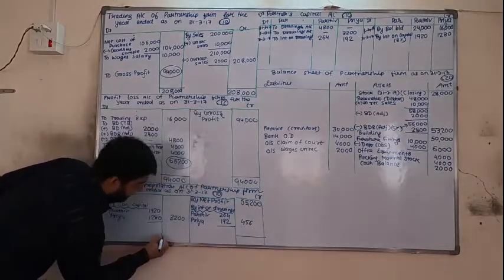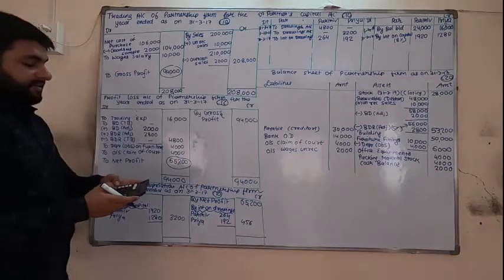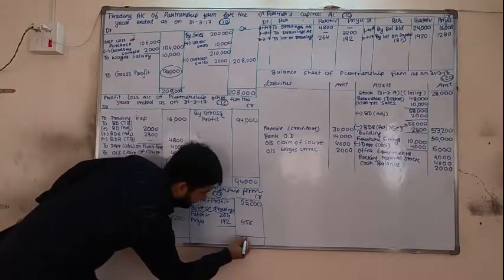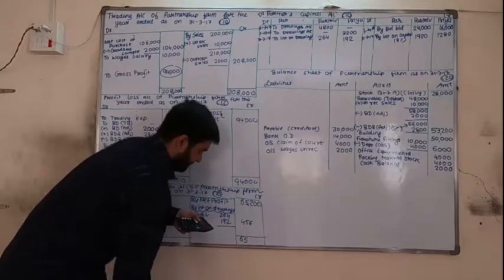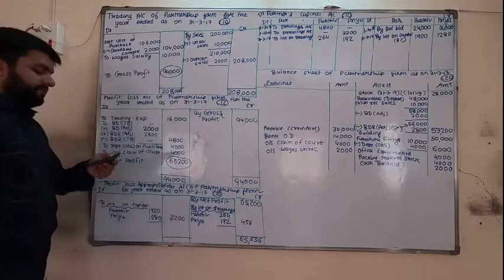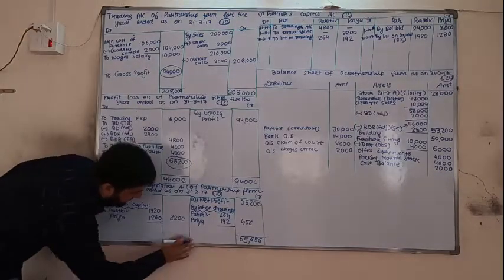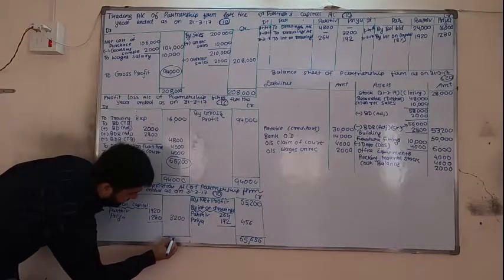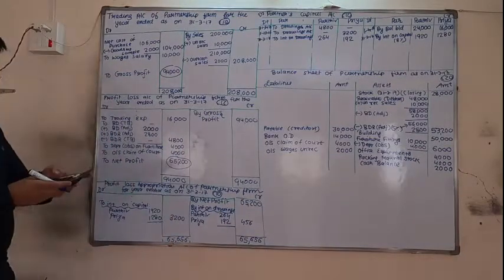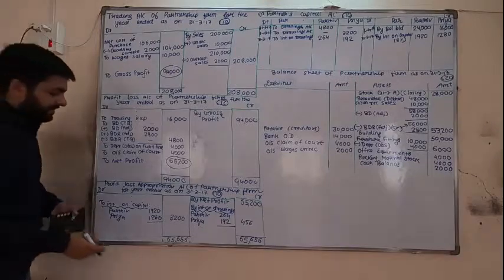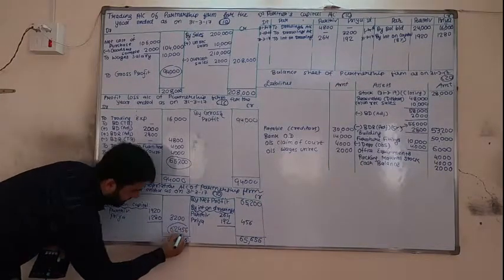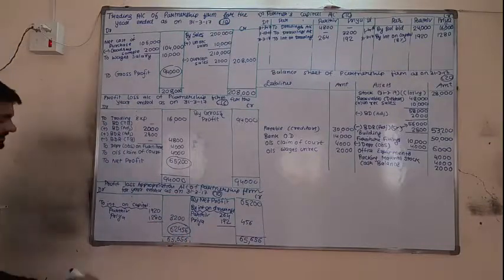Now take the total: 65,200 plus 456, 65,656 here also. 65,656 minus 3,200 is 62,456.